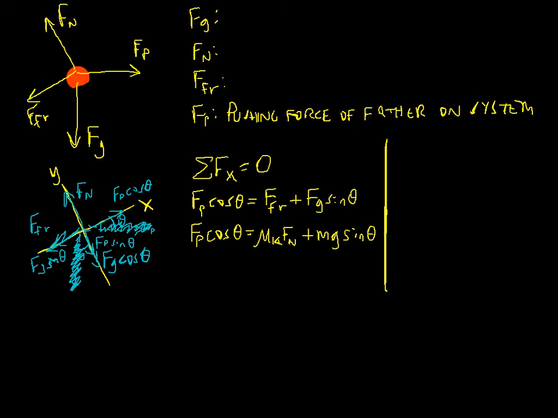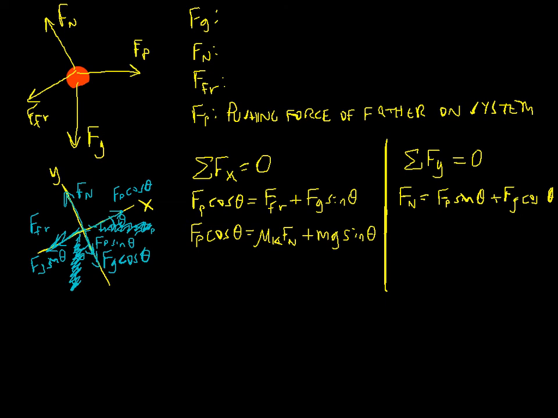So let's also focus on the y direction. The sum of the forces in the y direction is equal to 0, which means we can set the upward force, Fn, equal to the two downward forces. So Fn equals Fp sine of theta plus Fg cosine of theta.